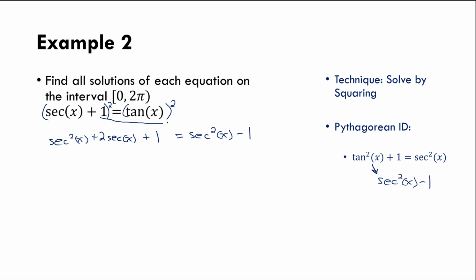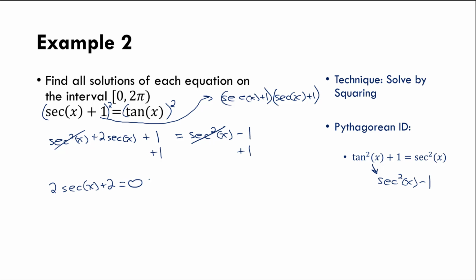This is equal to secant of x plus 1 times secant of x plus 1, and I FOILed that out. So I've got secant x squared on each side, so those will cancel out. I can add 1 to each side, giving me 2 secant of x plus 2 is equal to 0.